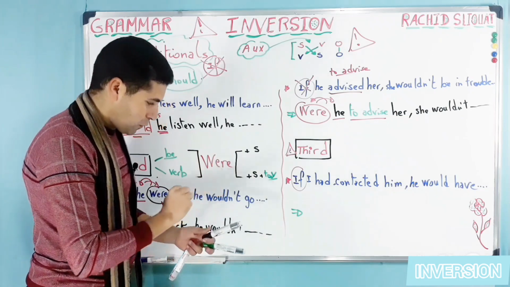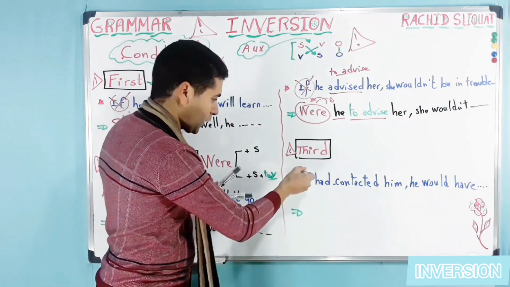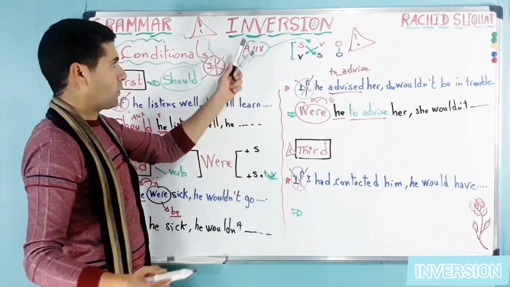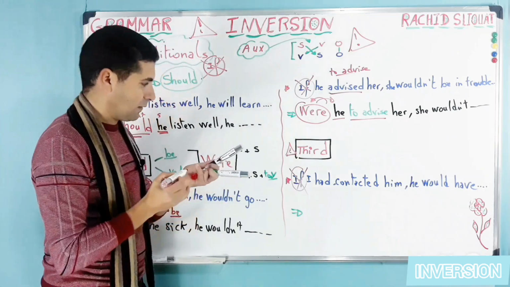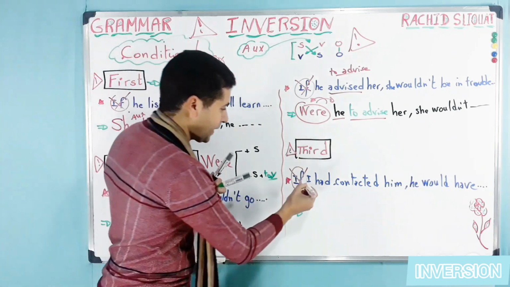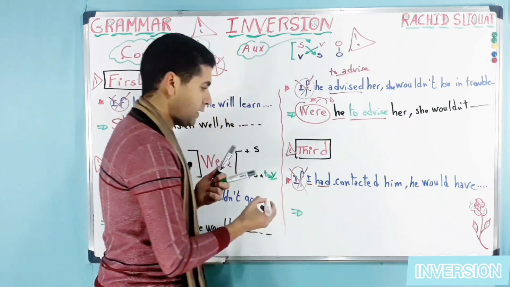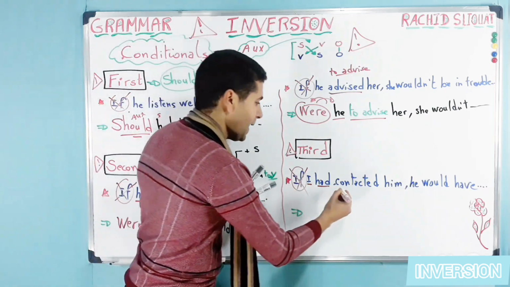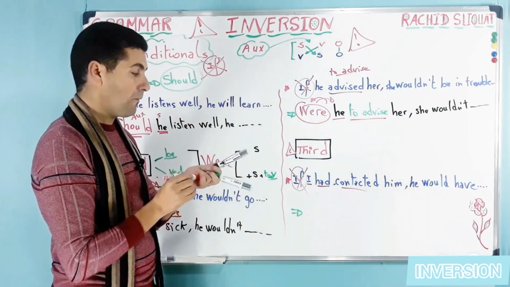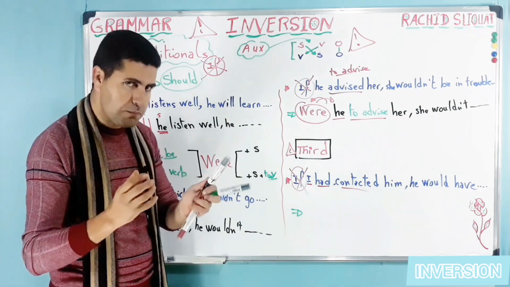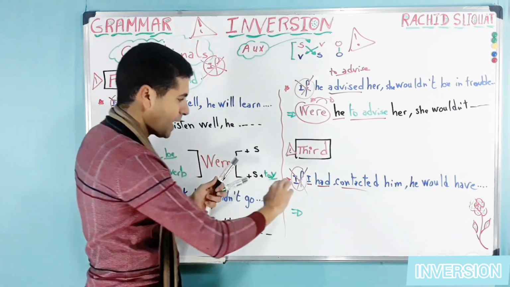Now, here we have again if, and we are going to remove if for sure, because here we are concerned with inversion, as I said. So here we still have the subject I, had, which is the auxiliary, and contacted, the main verb. Very simply, we are going to invert I with had.